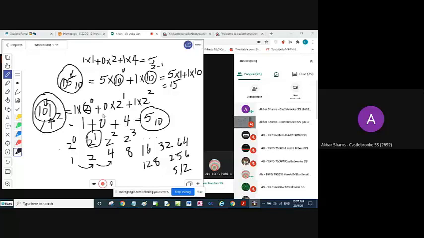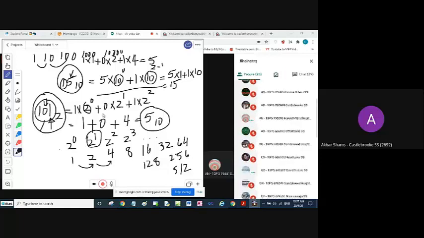This is exactly the same with base 10. Remember, 10 exponent 0 is 1. 10 exponent 1 is 10. 10 exponent 2 is 100. Look at the pattern: you just multiply by 10, then 1,000, 10,000, and so forth.